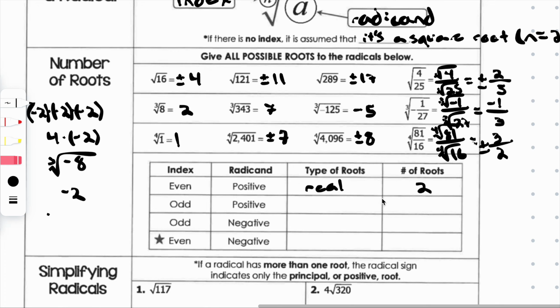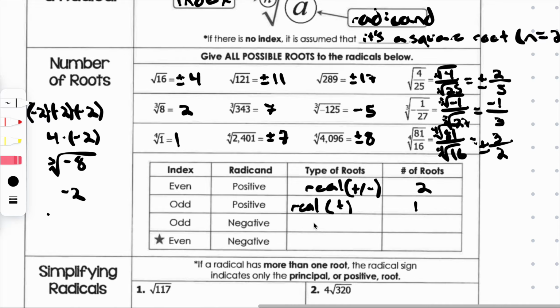When we have an odd... I don't know if when they say type of roots, they mean real or positive slash negative. I'm going to say real and positive slash negative. Now, when we have an odd index with a positive radicand, we're going to have a real root that has a positive sign.